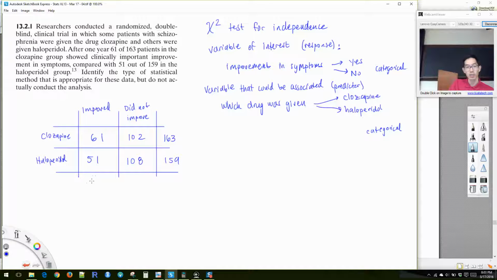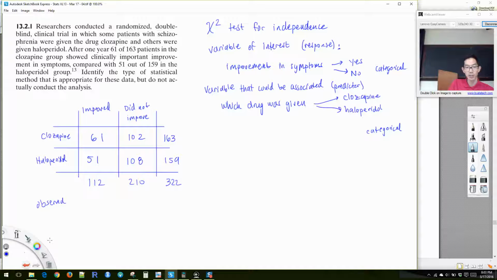And so we would have 112 and 210 and 322, I think. Something like that. And so this would be our observed data.